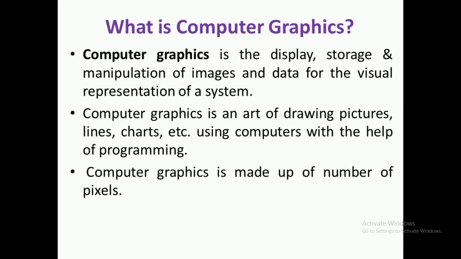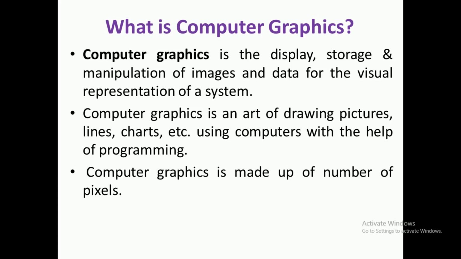What is computer graphics? Many people will define computer graphics in many ways as per the usage, how they are using it. Depending on that, they start defining. That's why we have covered many definitions here. Computer graphics is the display, storage, and manipulation of images and data for the visual representation of a system.